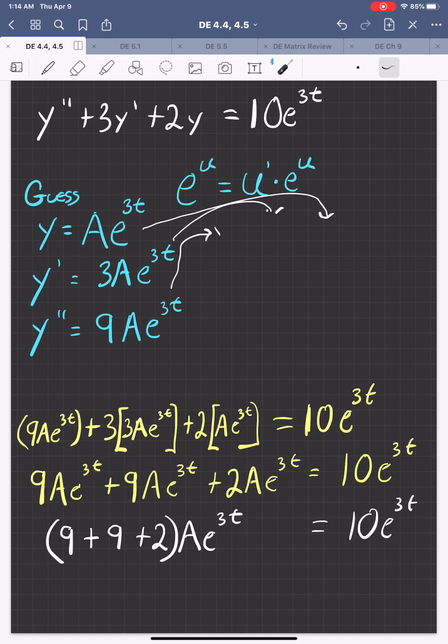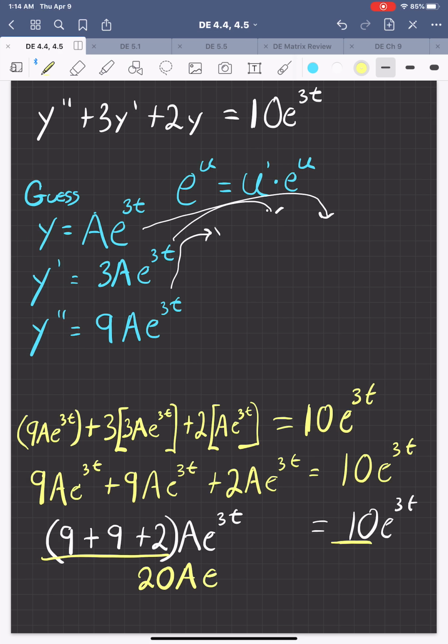Now normally when we factor out, we put the part we factored on the left side, but I purposefully chose to write that on the left side because we are going to compare that to the coefficient on the right side of the equation. So it's 9 and 9 is 18 plus 2, that's 20.